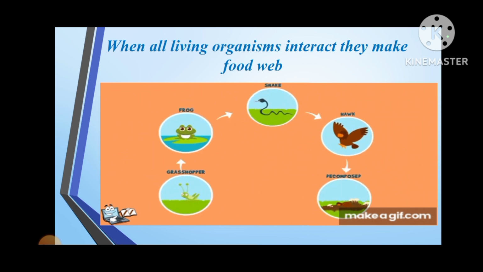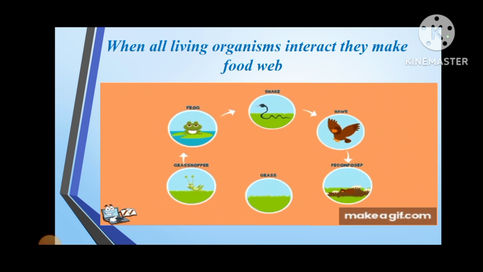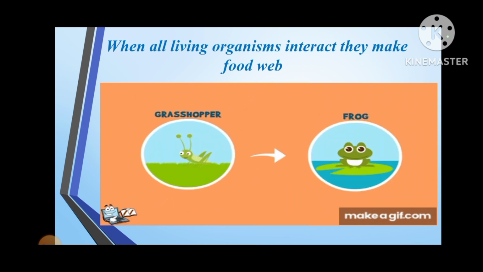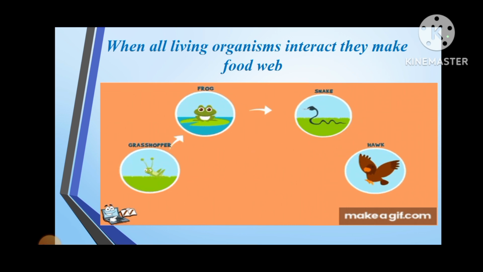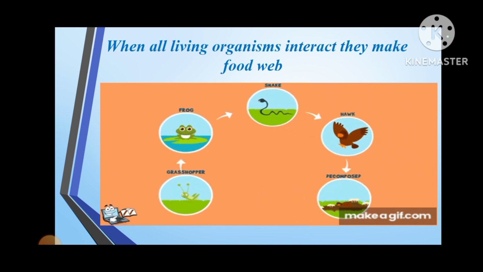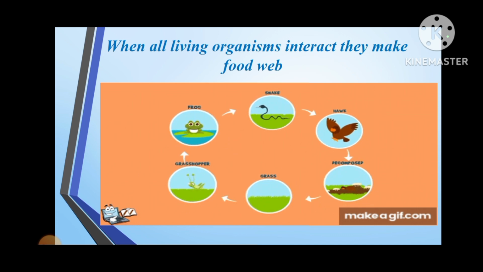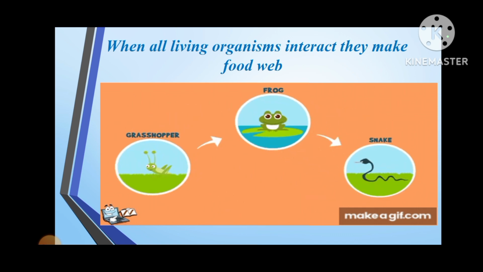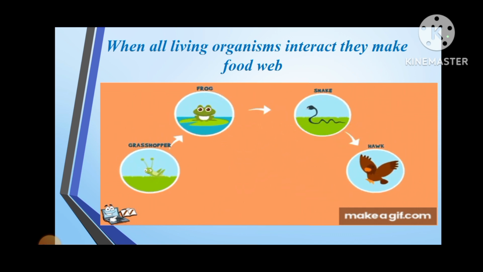Like this food web, grasses are eaten by grasshoppers, which are eaten by frogs, which are eaten by snakes, which are eaten by hawks, which will die and fall and be eaten by decomposers, and decomposers return their nutrients to the ecosystem.